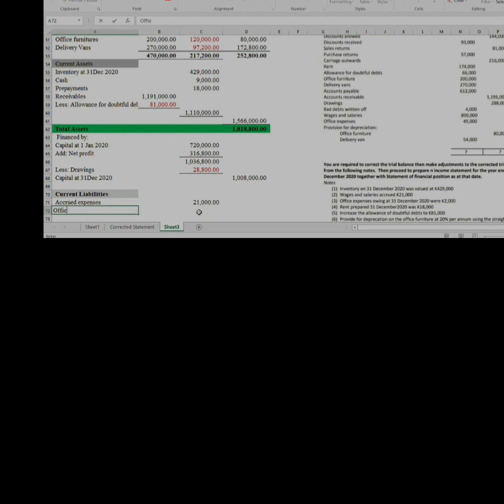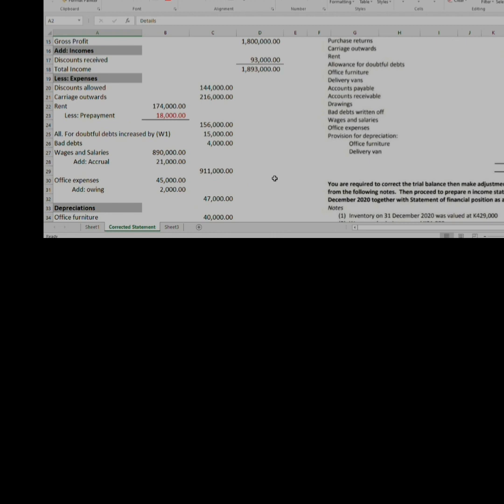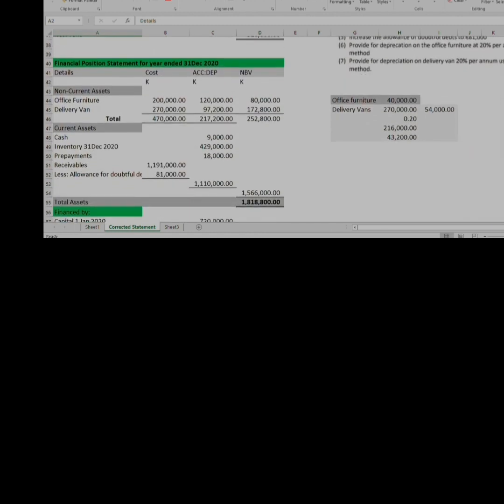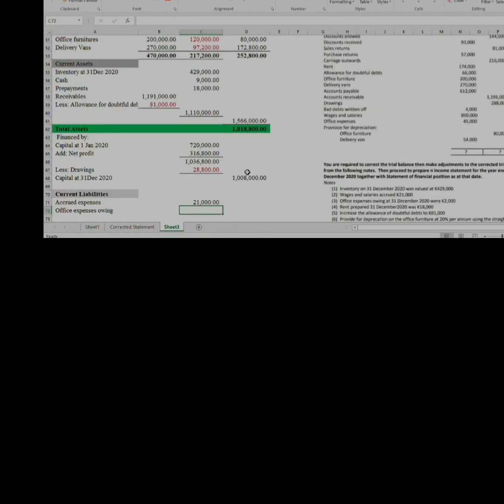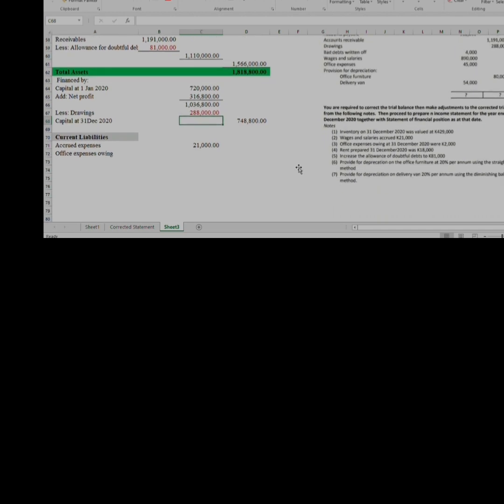Then you have office expenses owing, and the figure is 2,000.